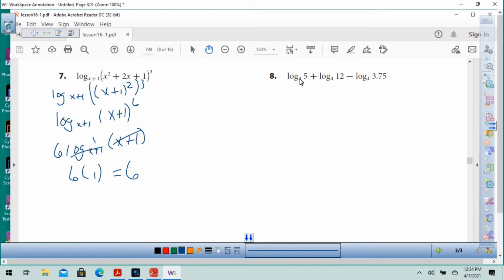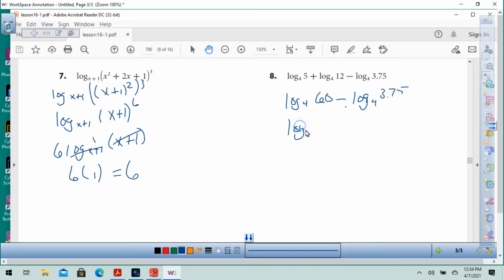All right, we've got log base 4, and log base 4. Let's do the first two. That's going to be log base 4 of 5 times 12. Well, 5 times 12 is 60, minus log base 4 of 3.75. Now I can combine those.